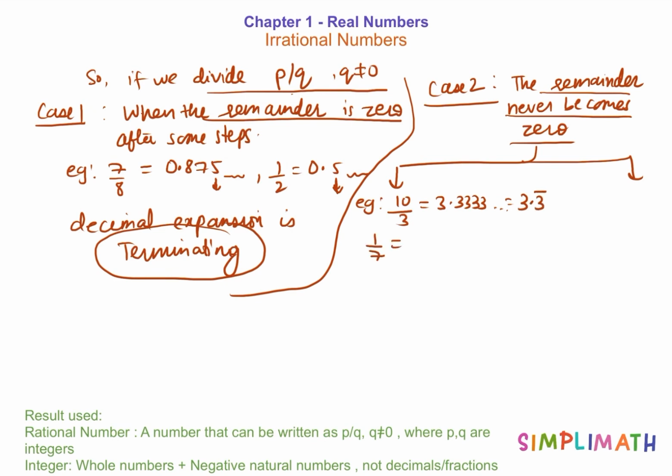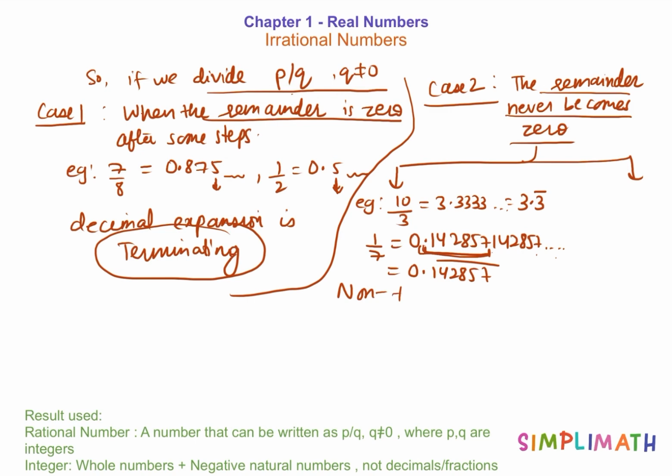If we divide 1 by 7, we get 0.142857142857 and so on. This block of numbers repeats itself again and again, so we can write 0.142857 bar. In such cases, we have a repeating block of digits in the decimal.